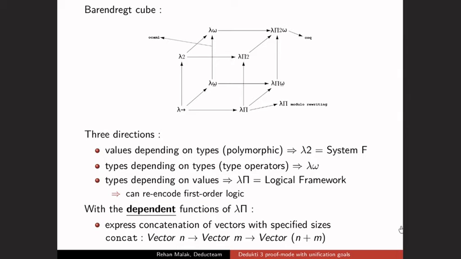So the size of the return vector is specified, n and m are variables, and the size of the return vector is specified anyway. And this Lambdapi calculus is also known to logicians as LF, for logical framework, because it is used to encode other theories.